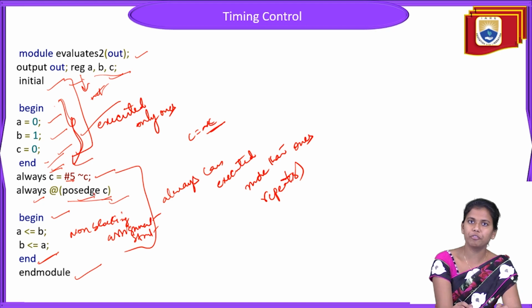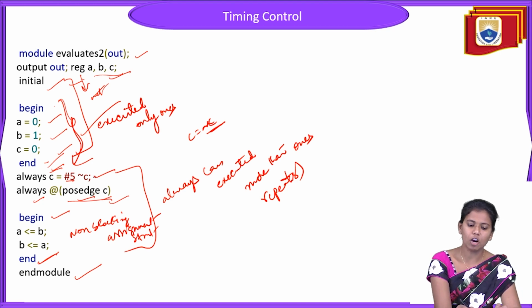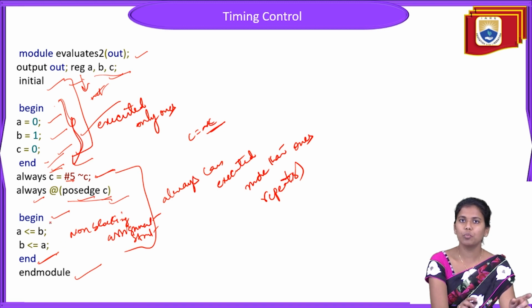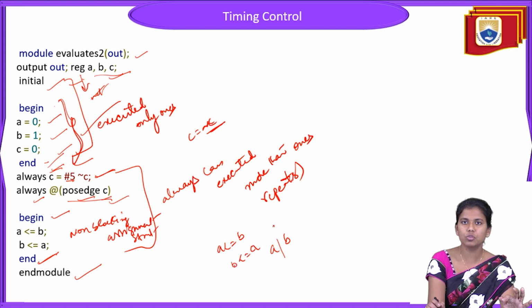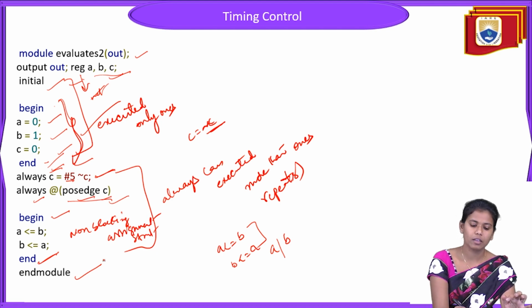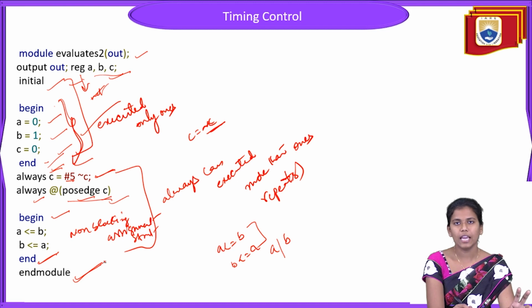So, with a delay of 5 nanoseconds, the output I can observe is the negation of C. Later, I am beginning this always block with non-blocking assignments with respect to the LHS and the RHS, which comprise variables: A less than or equals to B, and B less than or equals to A. After the non-blocking assignments, finally concluding with end and terminating with endmodule.